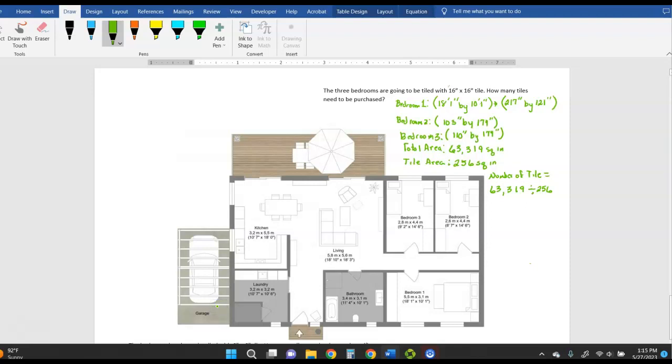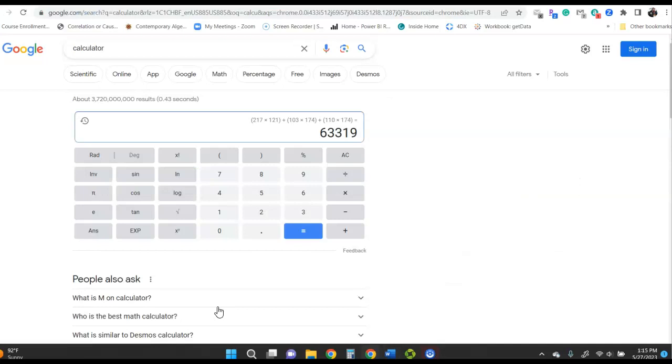And so if we go over to our calculator, we're going to take this answer, 63,319, and divide that by 256, and we end up with 247.3398, and so on. Well, since we're putting tile in, we're always going to have to round up this answer to at least the nearest whole number.